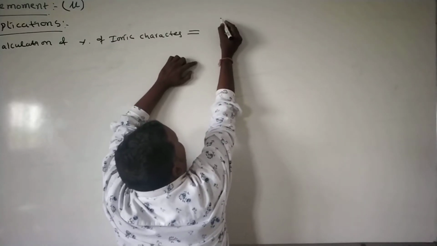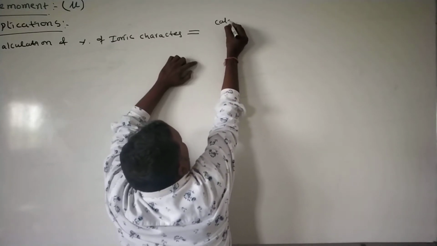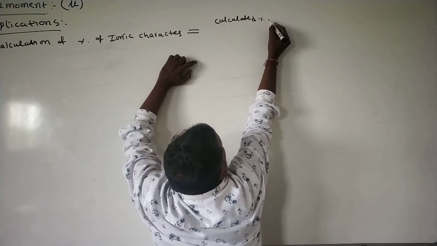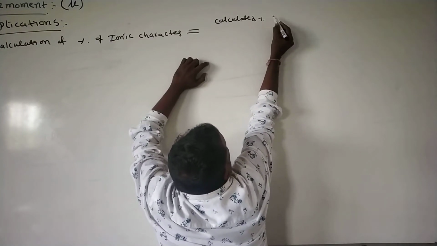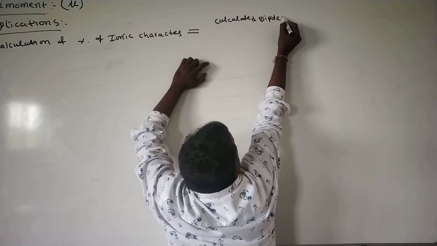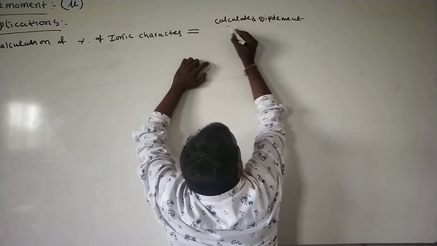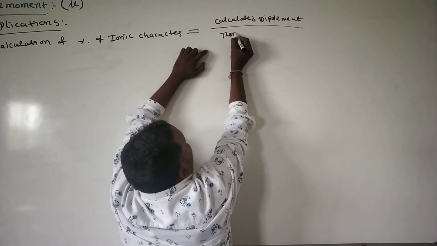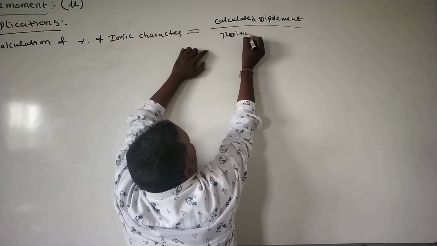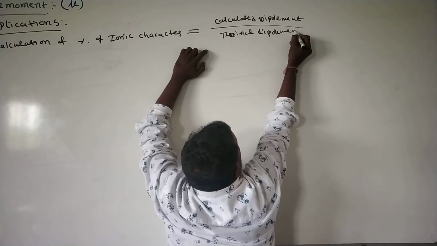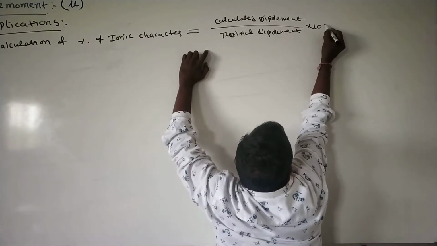Percentage of ionic character is calculated as the calculated dipole moment by theoretical dipole moment, into 100.